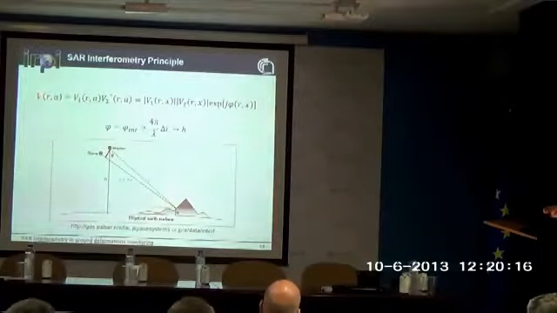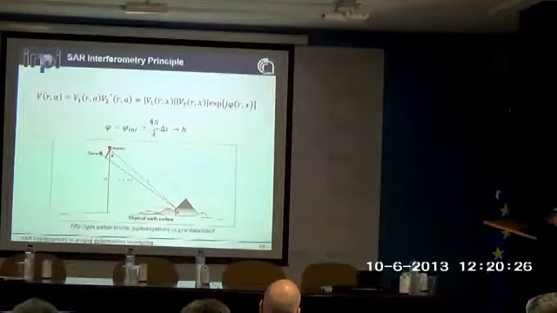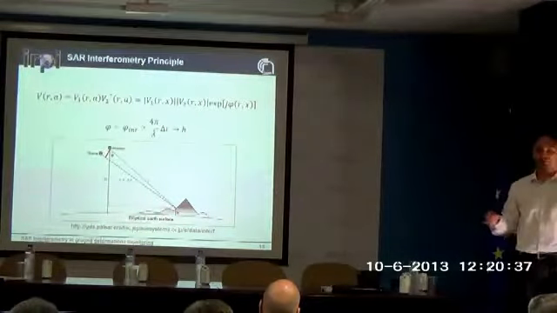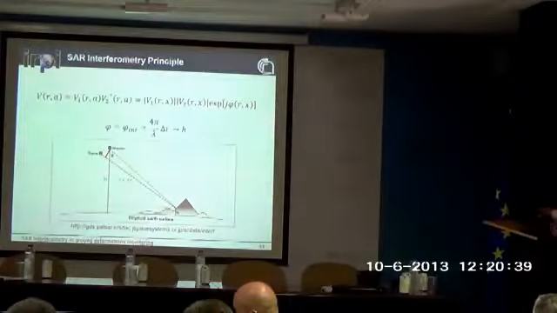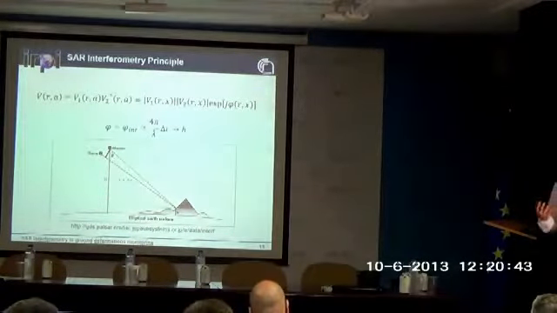The phase contained in every pixel of our interferogram is proportional to this distance, which is the difference in distance between the two acquisitions. And from this, we can retrieve the height of the ground. That's how we build a digital elevation model in a very simple way. But we are not interested in the height of the position. We are interested in deformation.